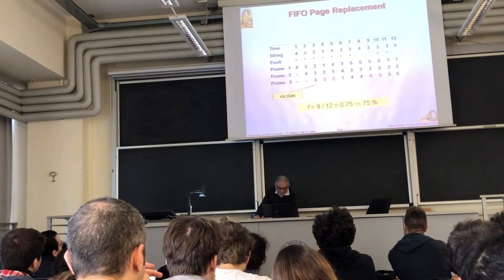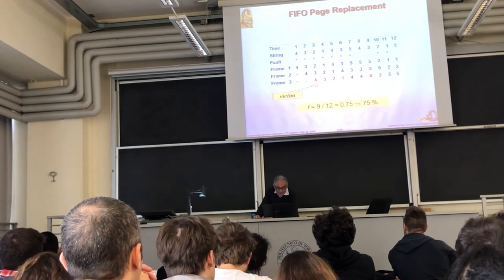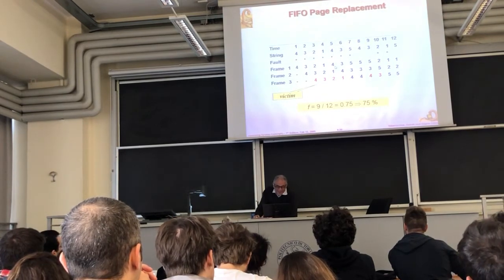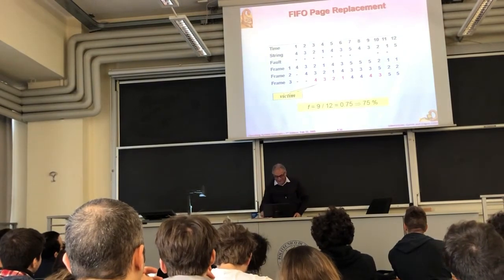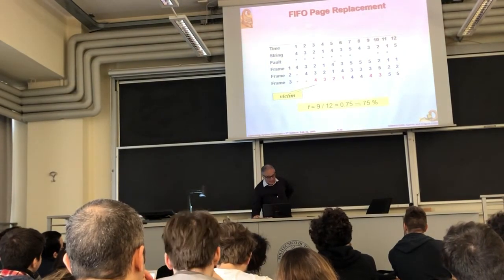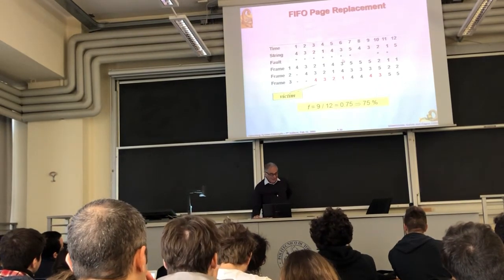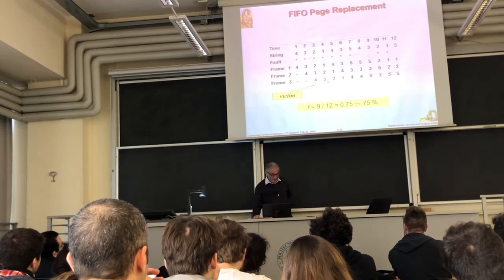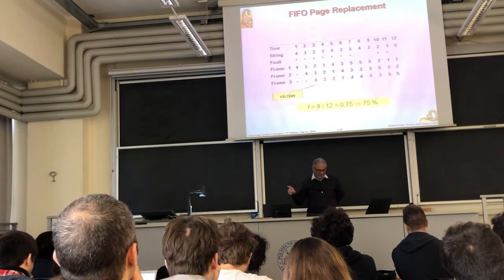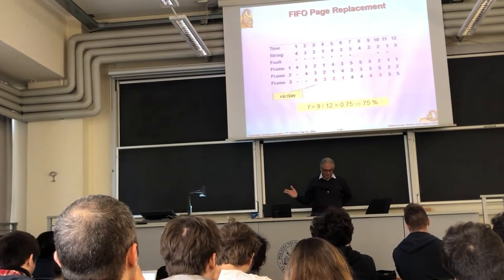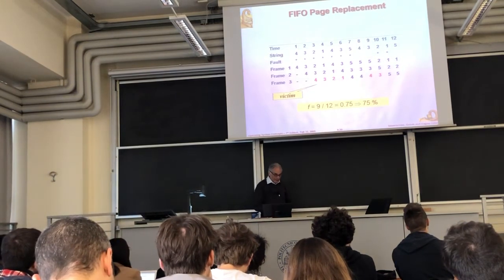Unfortunately, 4 has been selected as a victim but is referred to in the next access. So there is another page fault, and 1 and 2 go down. Again, 3 is selected as a victim, unfortunately, but as you can imagine, it has been selected to show you what may happen if you fail to use a good strategy.